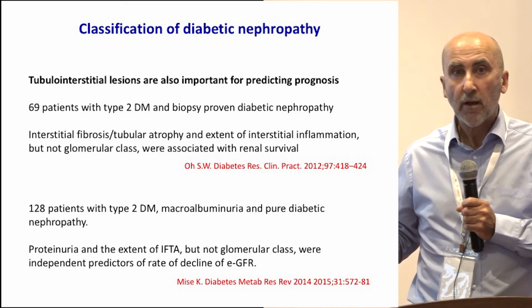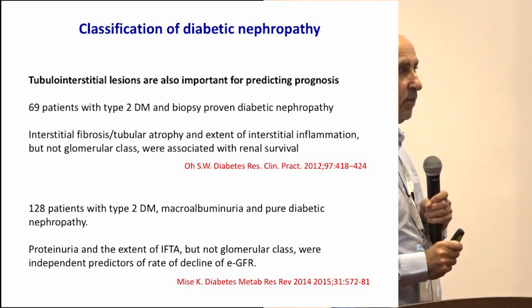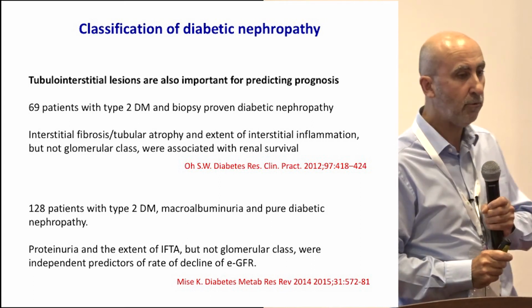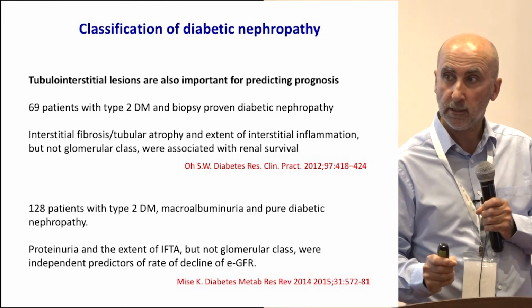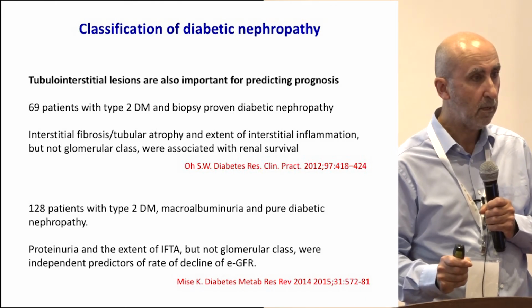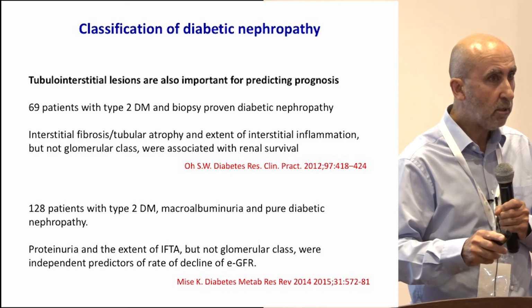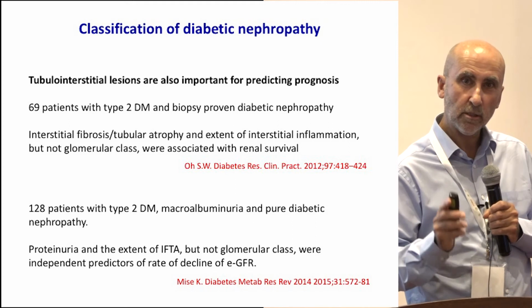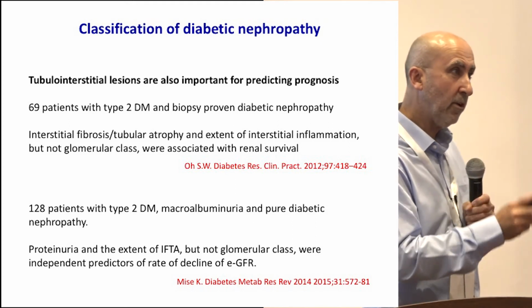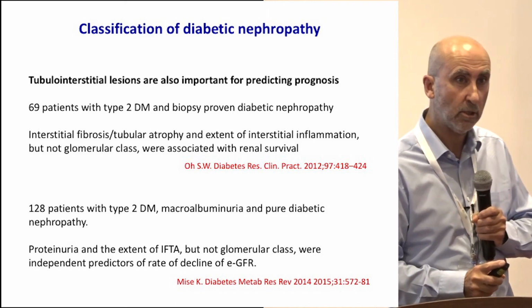And in multivariate analysis, both the glomerular lesions and the extent of interstitial fibrosis and tubular atrophy were independent risk factors for progressive renal disease in these patients. But many other studies have demonstrated that it's not the glomerular lesions that are most important in predicting outcome in the patients, it's the tubulointerstitial lesions.